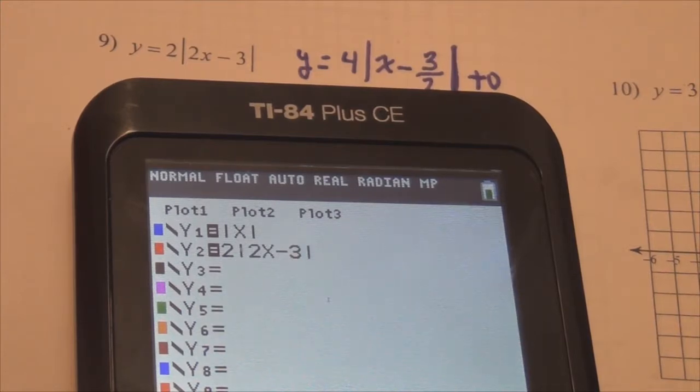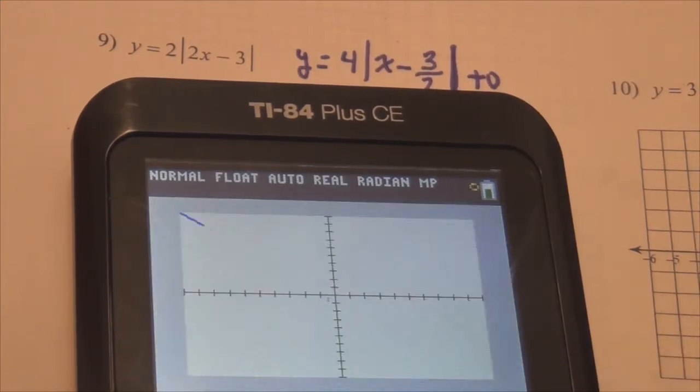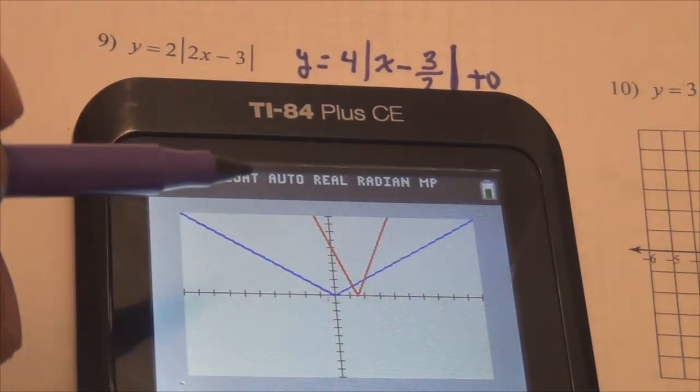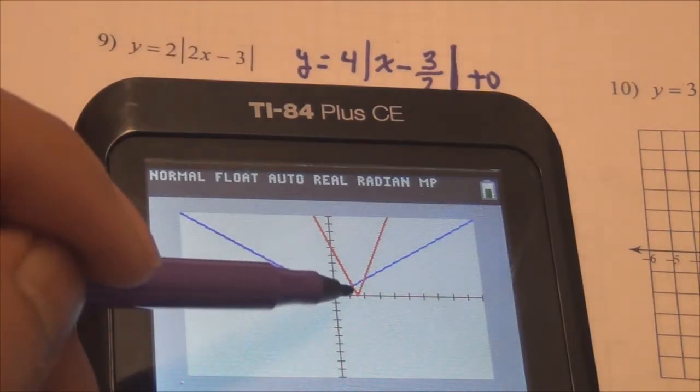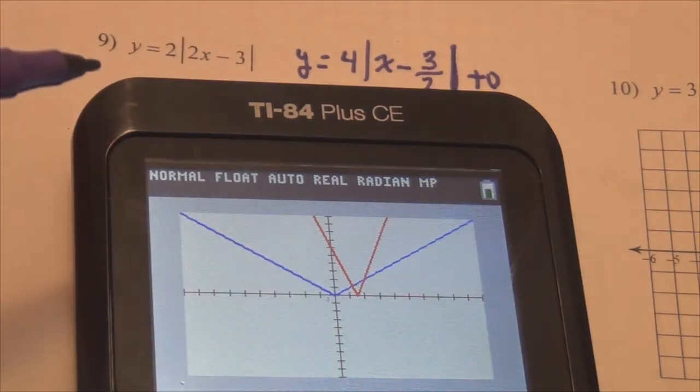All right, and then that's it. So let's see how it compares to the parent function. We say 1.5 units to the right. That looks like 1.5, right? And there was 0 k added, so the vertex is at 1.5 comma 0.